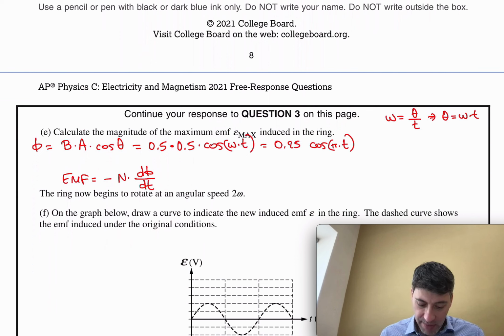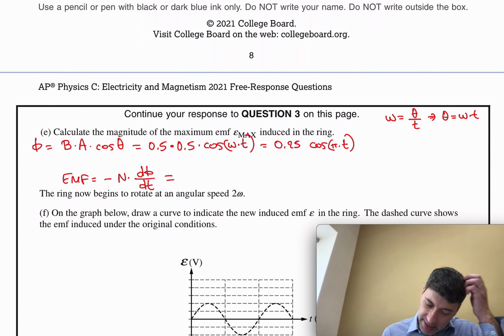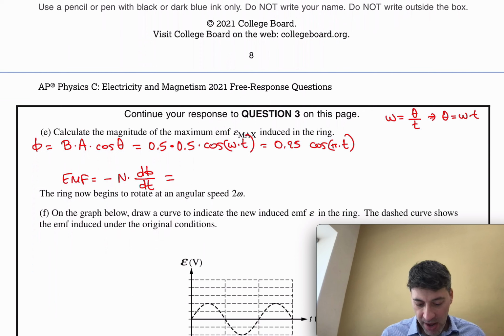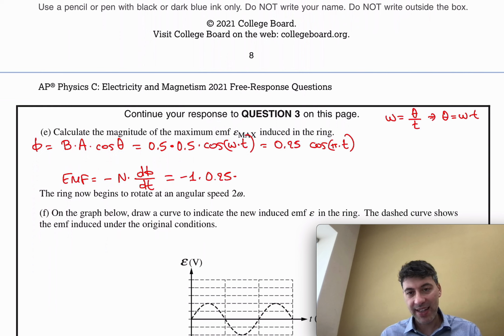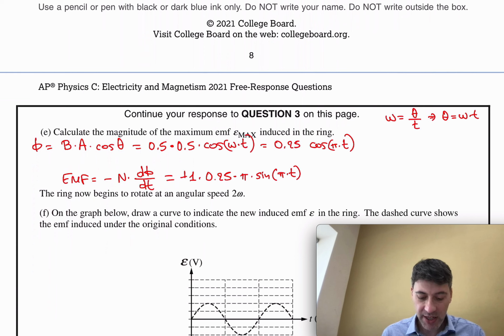And for the EMF, we need to derive it. So the EMF is minus 1 multiplied by the derivative of this, which is the derivative of the cosine, so 0.25. The derivative of cosine omega t will be the derivative of the quantity inside the bracket, so just pi, multiplied by sine omega t, so sine pi times t, and the derivative of cosine is minus sine, so we'll get a plus here.